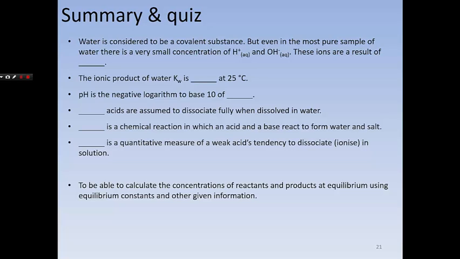The third one, pH is the negative logarithm to base 10 of hydrogen ion concentration. The fourth question, strong acids are assumed to dissociate fully when dissolved in water. The next question, neutralization is a chemical reaction in which an acid and a base react to form water and salt. And finally, acid dissociation constant is a quantitative measure of a weak acid's tendency to dissociate in solution.